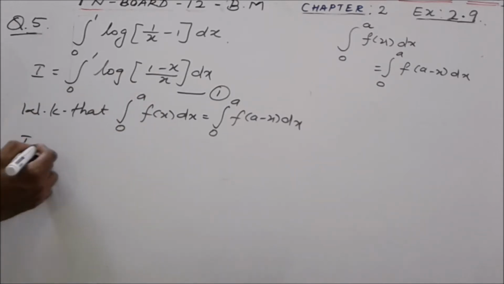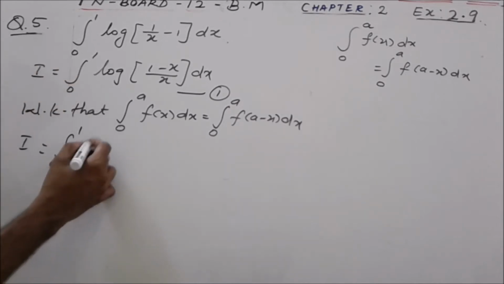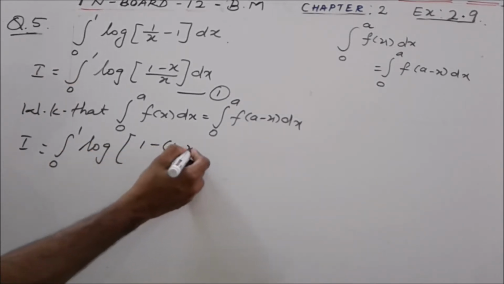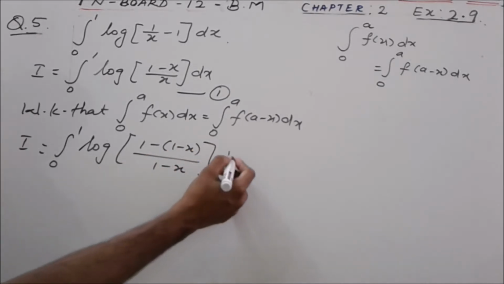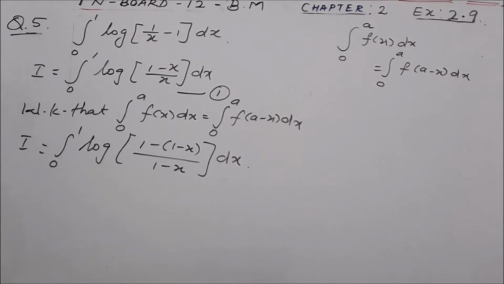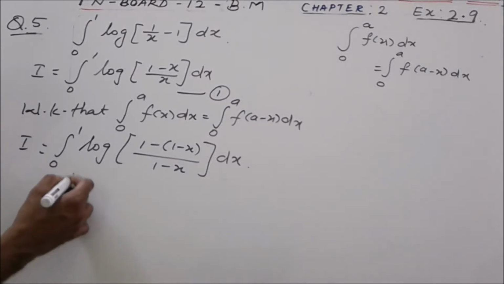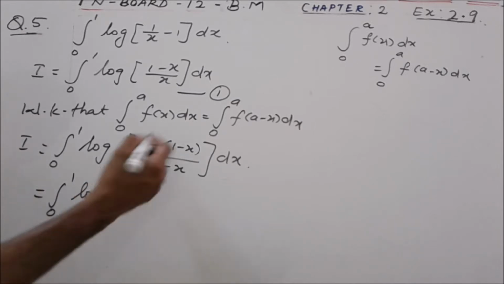I equal to integral 0 to 1 log of (1 minus of 1 minus x) divided by (1 minus x) into dx. Now multiply this minus inside: 1 minus 1 plus x, that is equal to integral 0 to 1 log of (1 minus 1 plus x).